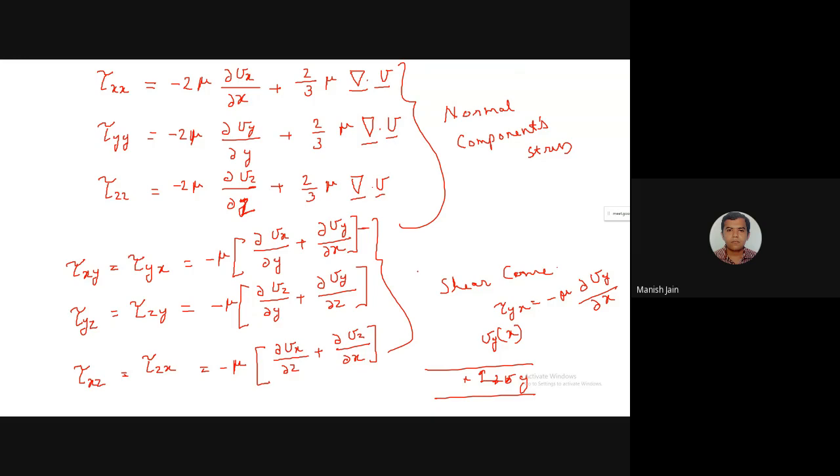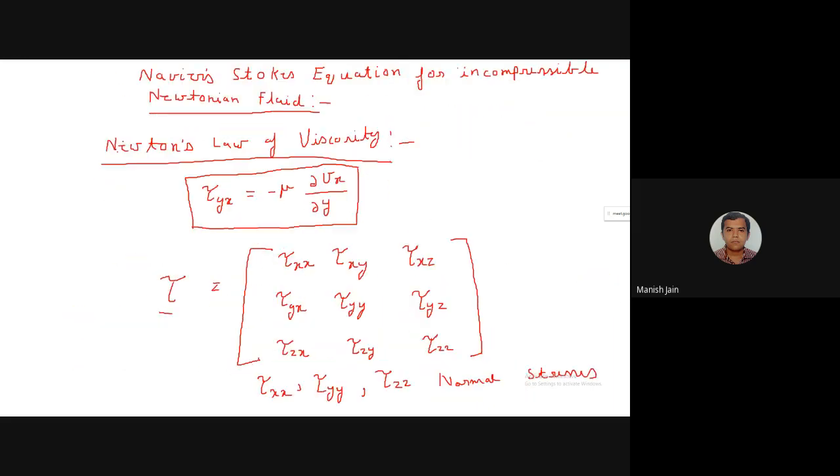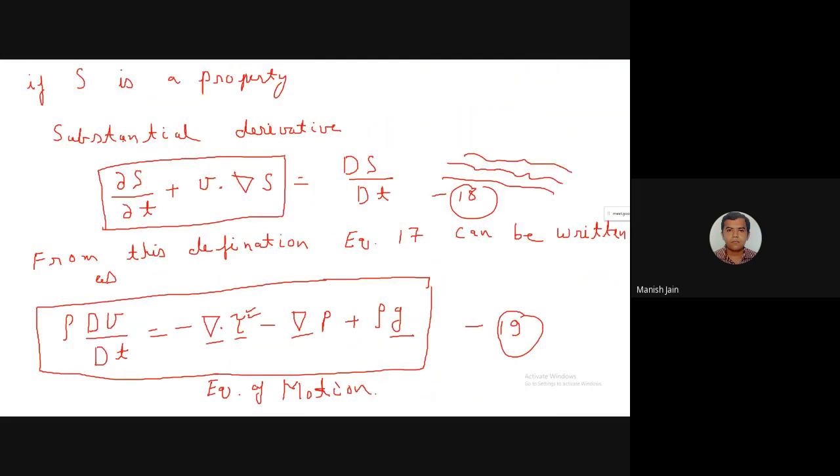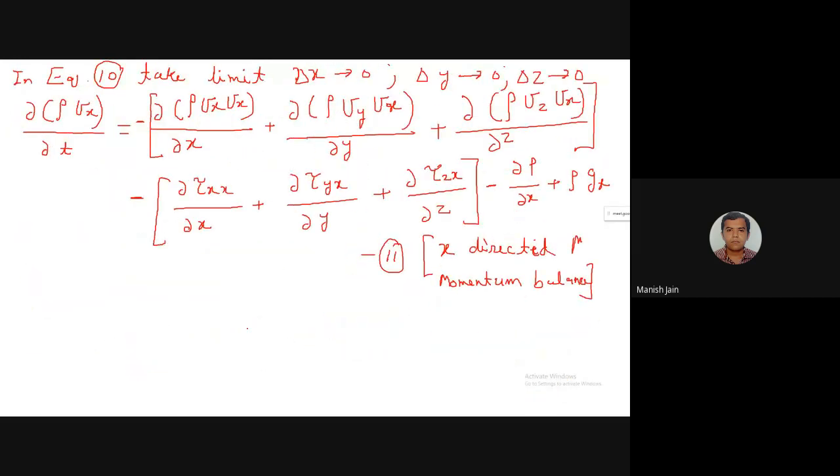Okay, so if you are coupling all six equations, then it is a three-dimensional flow system. Now in equation number 19, you have the del dot tau. Again we will do the material balance for the x momentum, because initially we work on the x momentum balance.